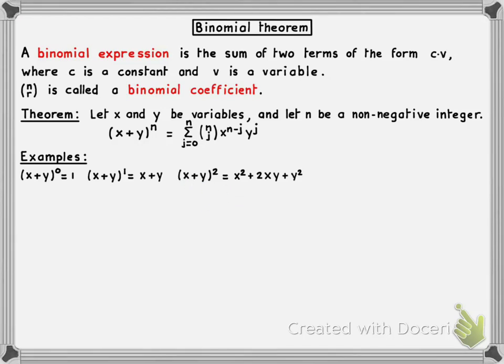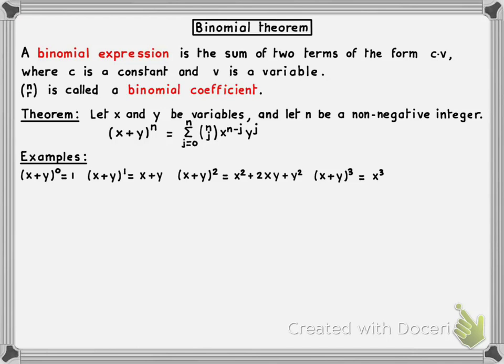As a last example, let's use the binomial theorem to compute the third power of the binomial x plus y. j is going to range from 0 to 3. When j equals 0, the binomial coefficient here is 1. x is going to be raised to the power 3 minus 0, or 3, and y is going to be raised to the power 0, so it's going to disappear. We're going to be left with x cubed.